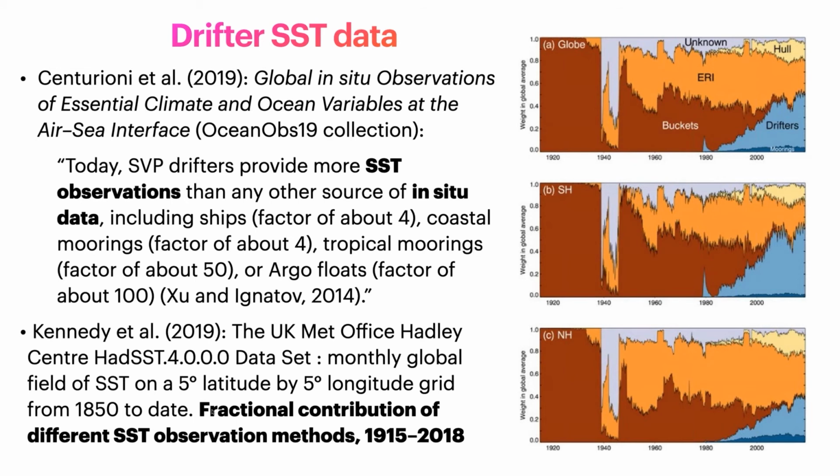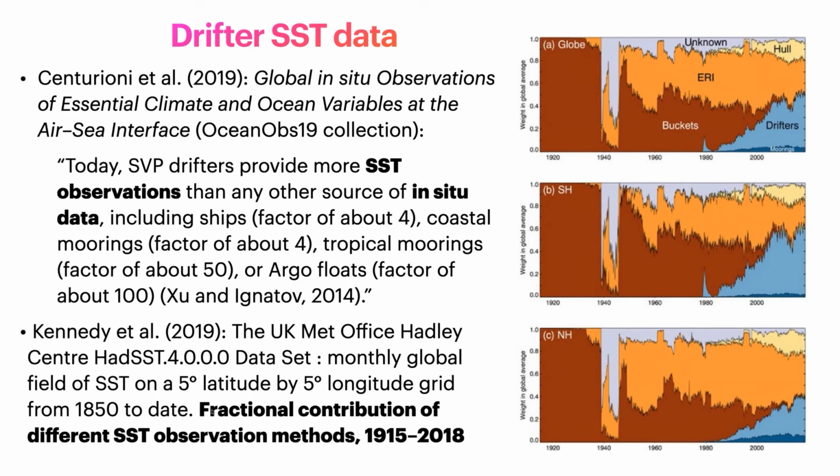And then another example of the importance of drifter SST data is the diagram that is shown on the right. As you may know, the United Kingdom Met Office Hadley Centre put together the HadSST4 dataset, which is a monthly global field of SST on a 5 by 5 degree longitude-latitude grid from 1850 to date. And this dataset is very important because it's used not only to monitor climate and to look at climate variation in the past.